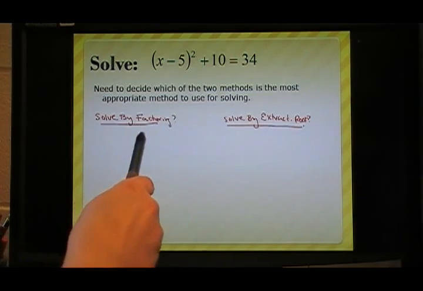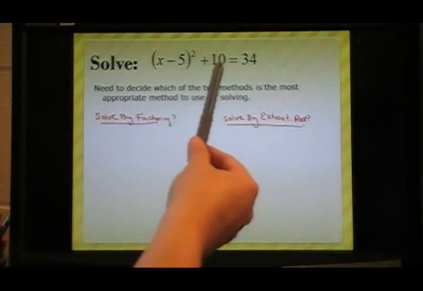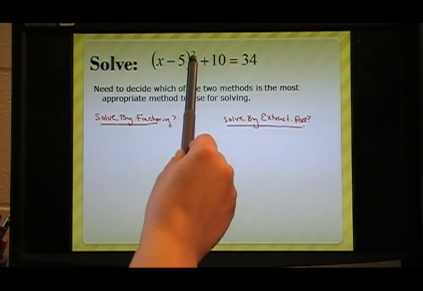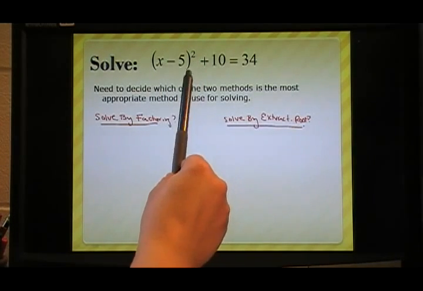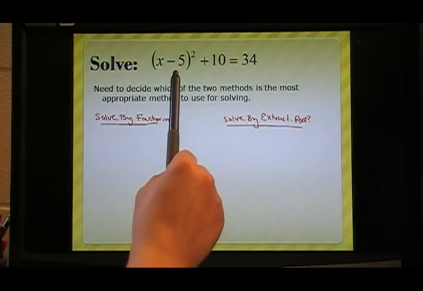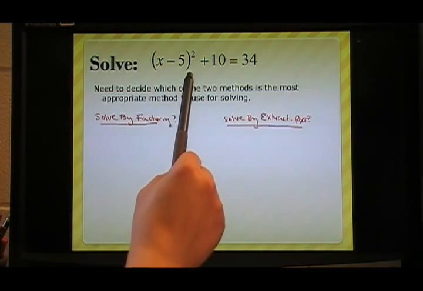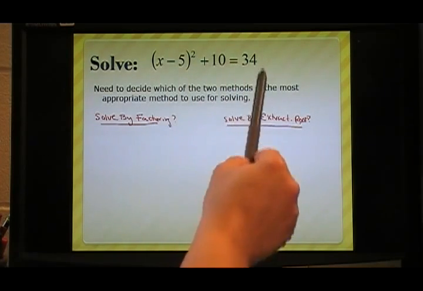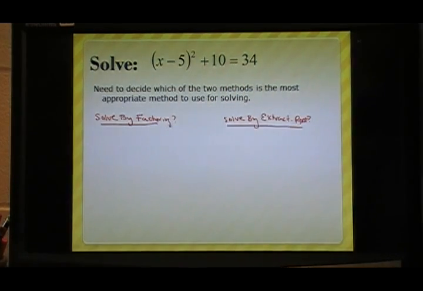To solve by factoring, we would have to first simplify. So I would have to square the x minus 5. So I would have x minus 5 times x minus 5, which is x squared minus 10x plus 25. Then I'd have to combine like terms, and then I'd have to get one side equal to 0.